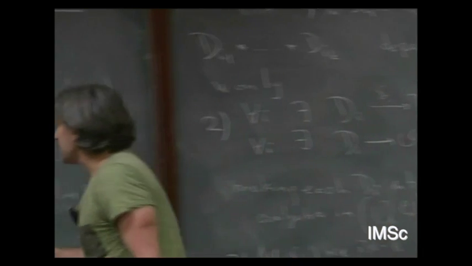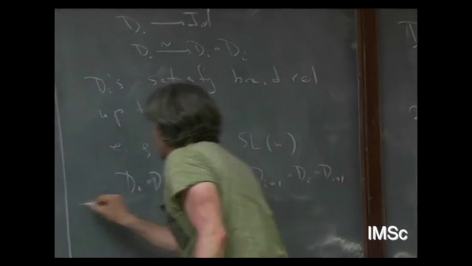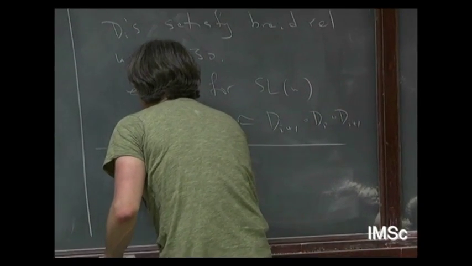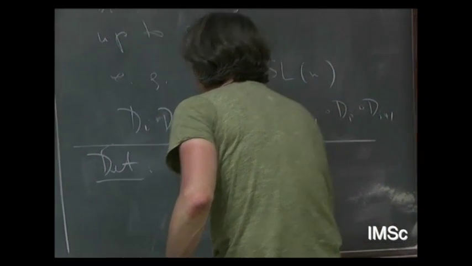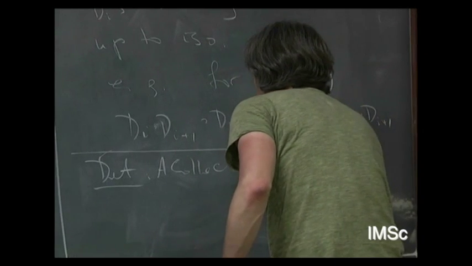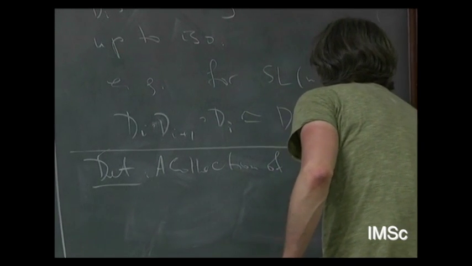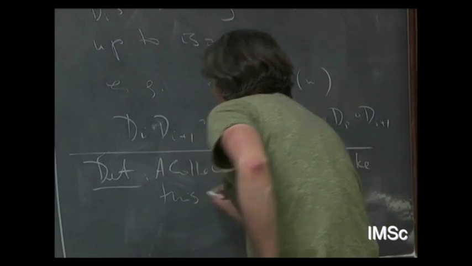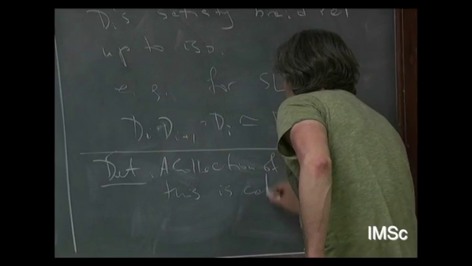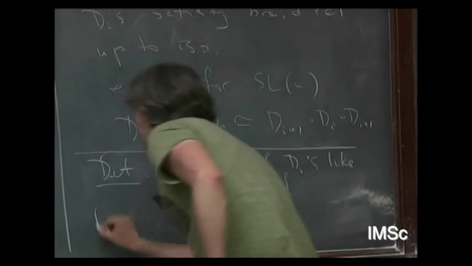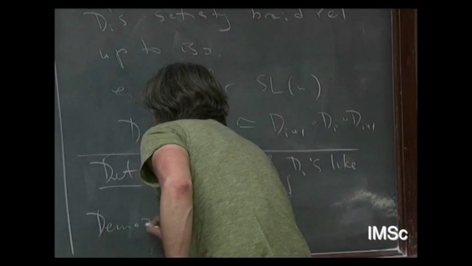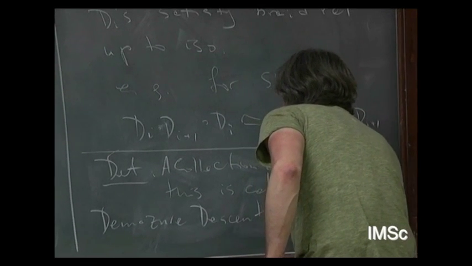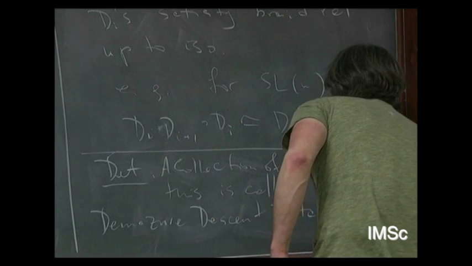So such data, so this is a remark, or maybe definition. A collection of delta i's like this is called Demazure descent data on a category.